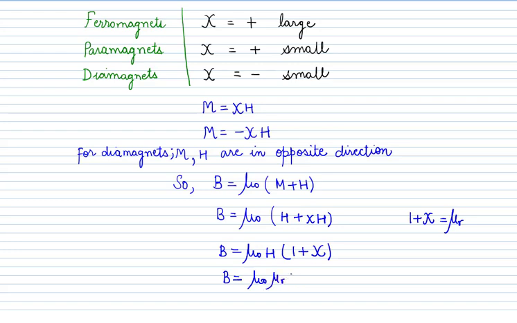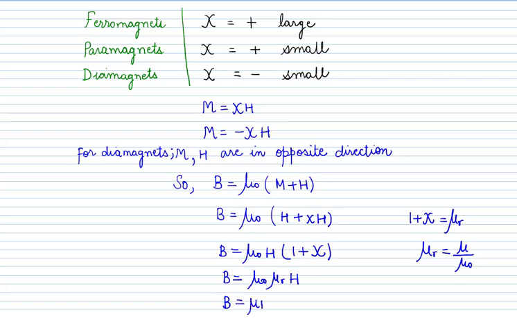So this is mu naught, mu r, and H. The relative permeability is the ratio of the permeability of any material to the permeability of space. So mu naught into mu r you can write as mu. So B is equal to mu H.